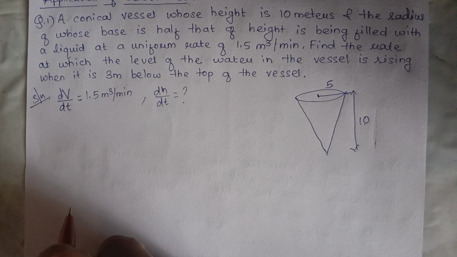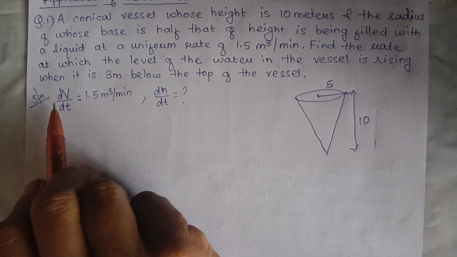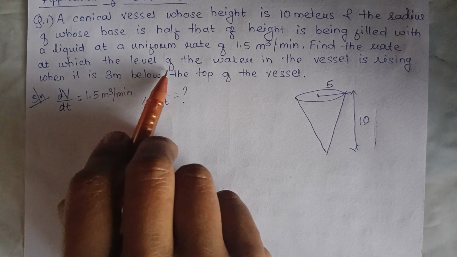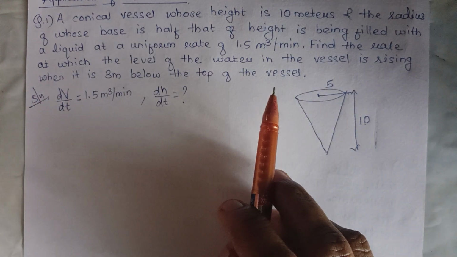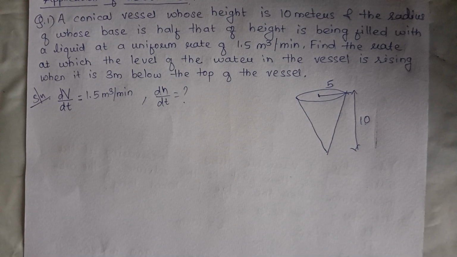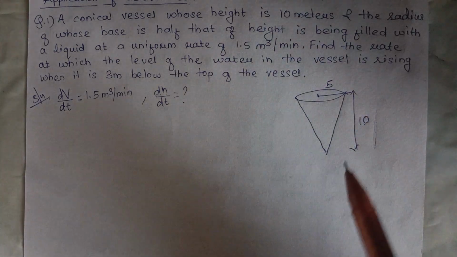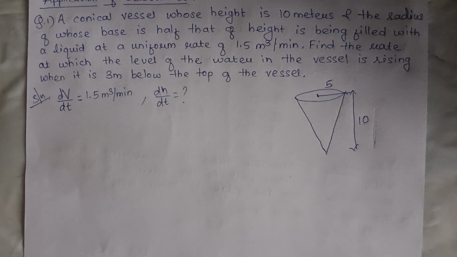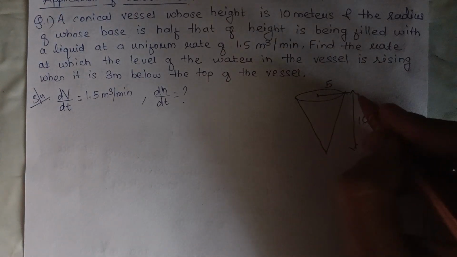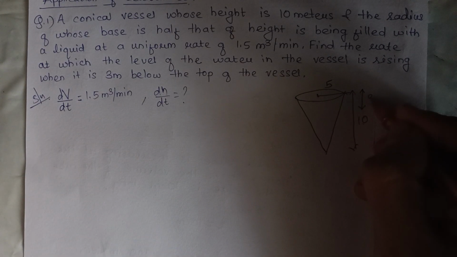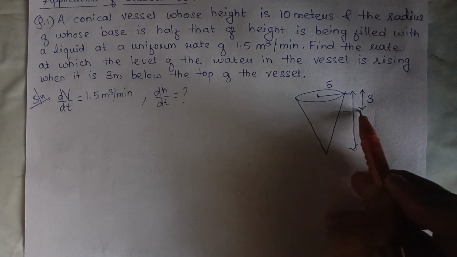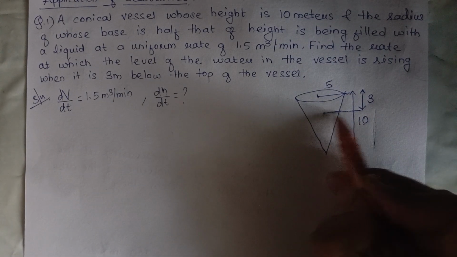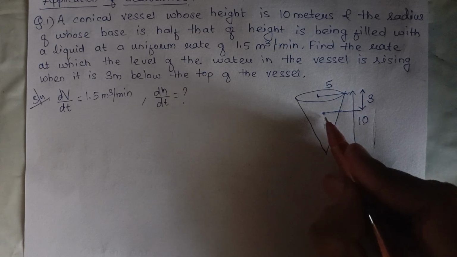Now, the level of the water in the vessel is rising when it is 3 meter below the top of the vessel. So here when it is 3 meter, at this point when it reaches, at that point we have to find dH by dt.